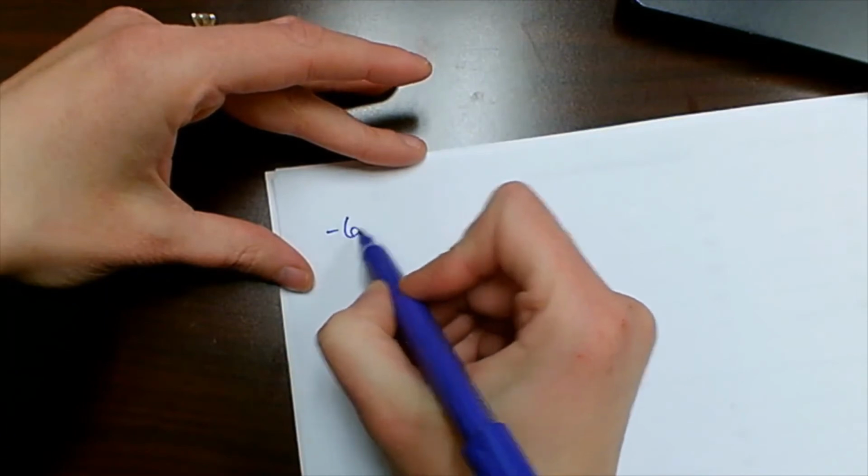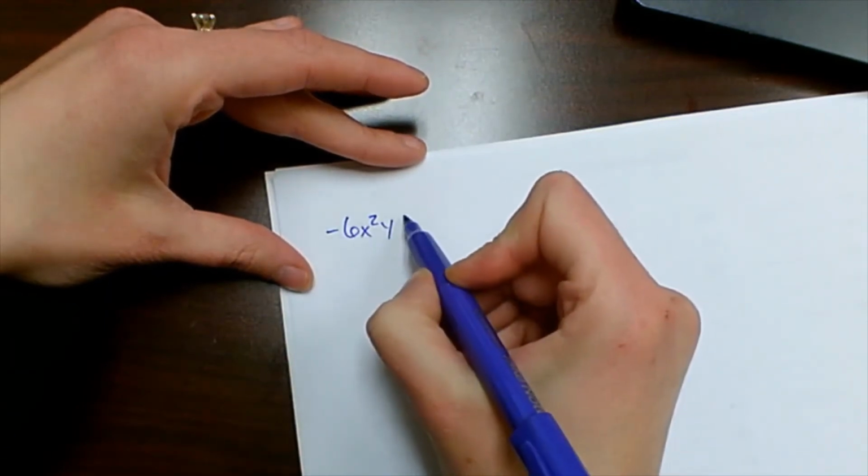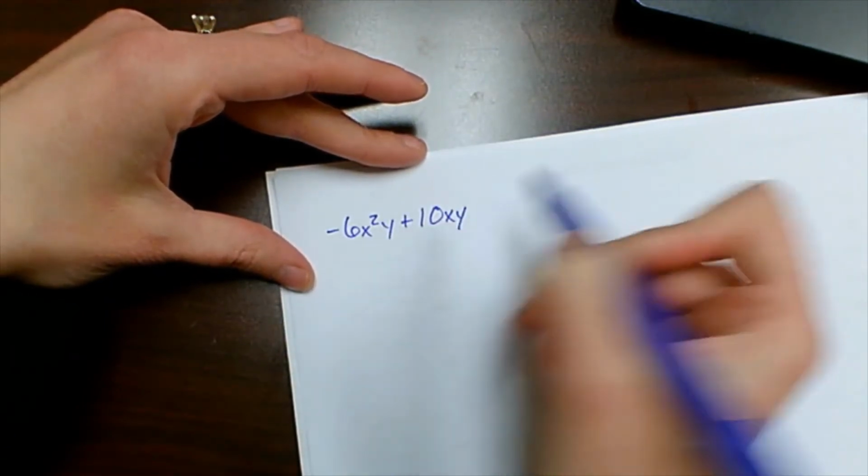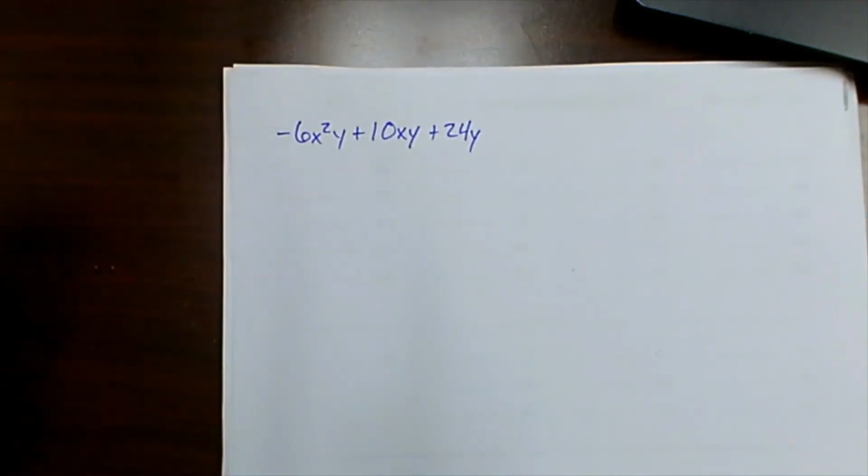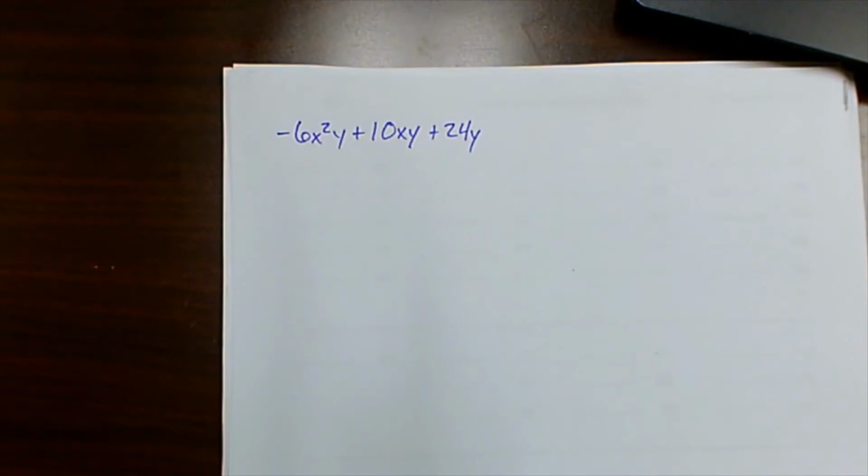At times, we may have to factor out a greatest common factor first before we factor. So if you see anything that looks weird or there's a lot to it, see if you can factor out a greatest common factor.